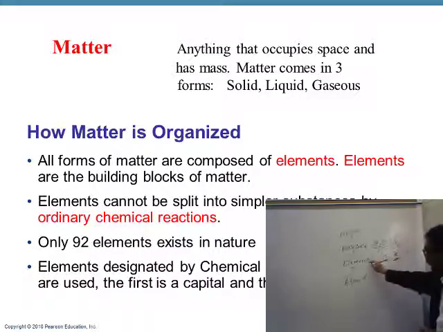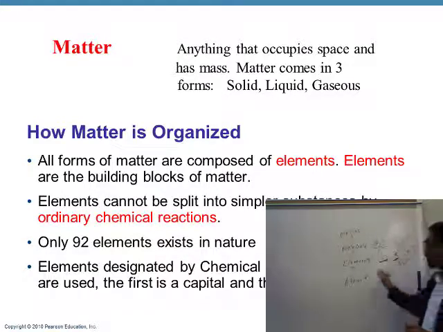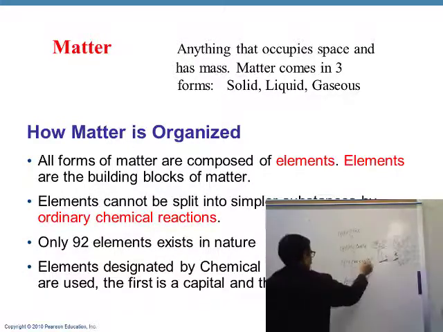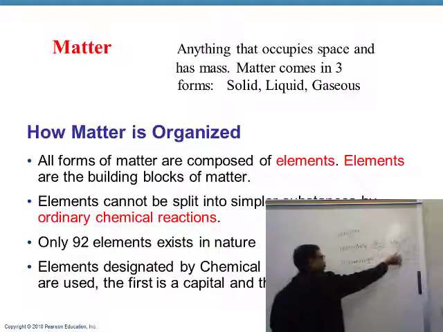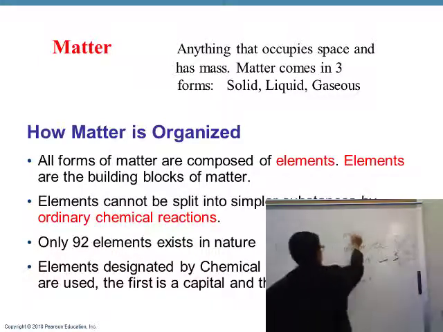If I want to indicate the element of nitrogen, only one N. So this is the element of nitrogen. Now this is the molecule of nitrogen. Two nitrogen elements or atoms join together to form the molecule.